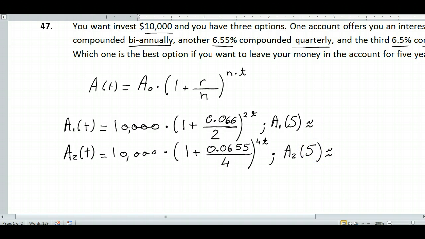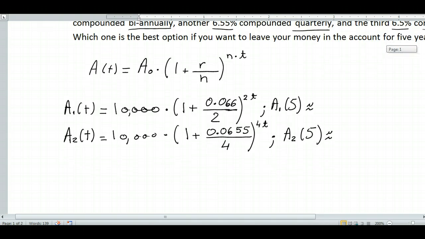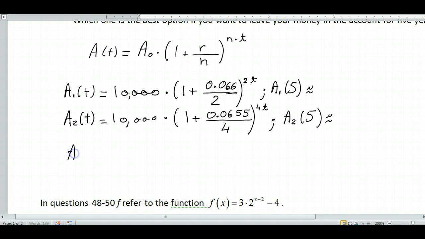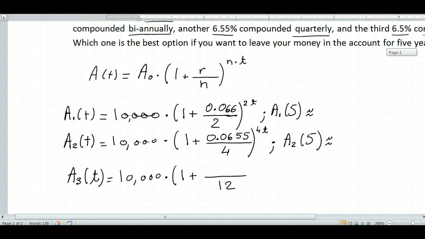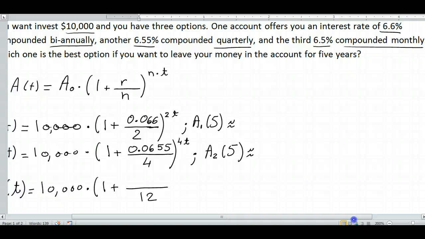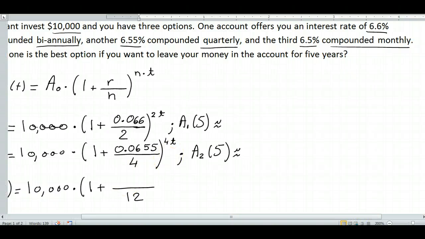Okay. And finally, the third option. A3 of T is 10,000, and I know it's monthly, so it should be a 12 here. And the interest rate is monthly, 6.5.